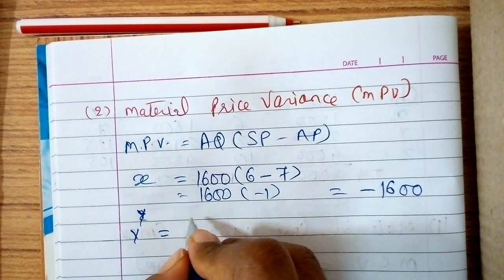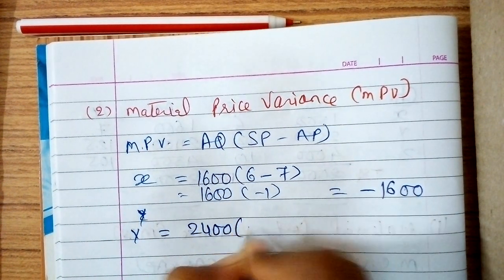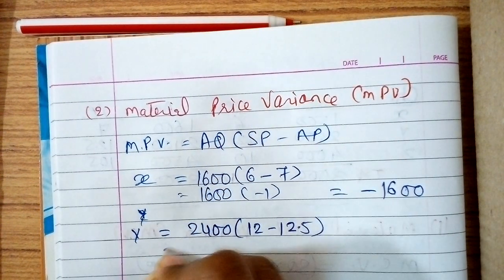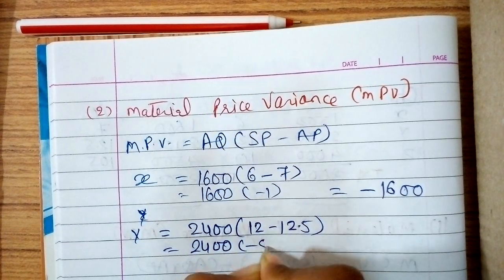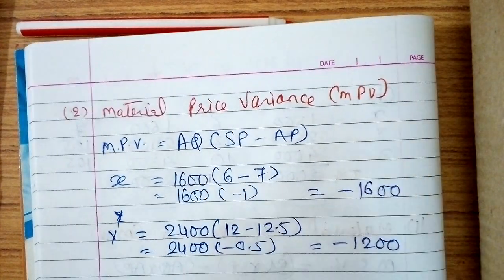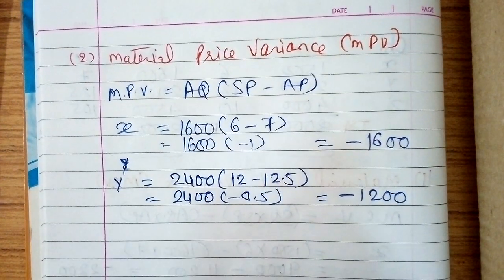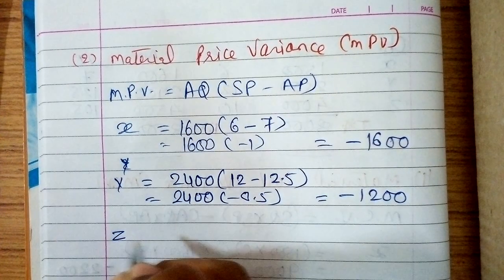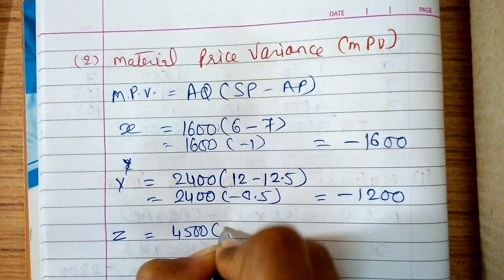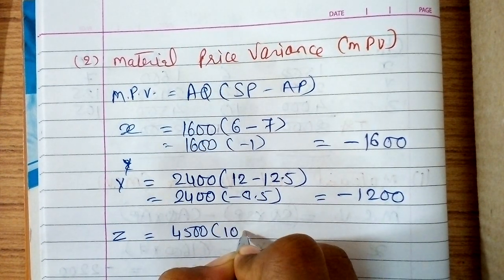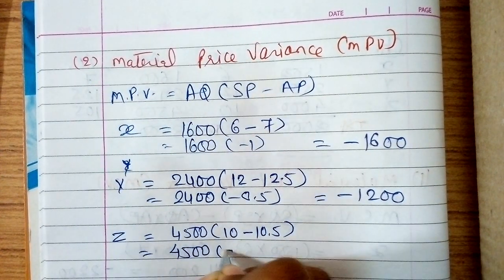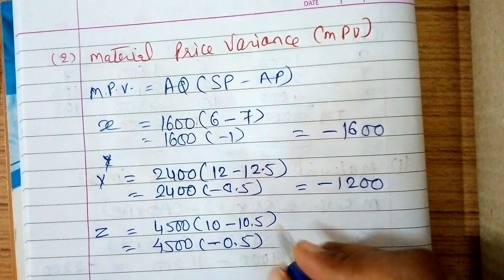Likewise for Y, AQ of Y was 2400, standard price 12 and actual price 12.5. So 2400 into minus 0.5. So negative 1200 will be the answer of this, right? Next, Z. 4500, 10 minus 10.5. So 4500 into negative 0.5.